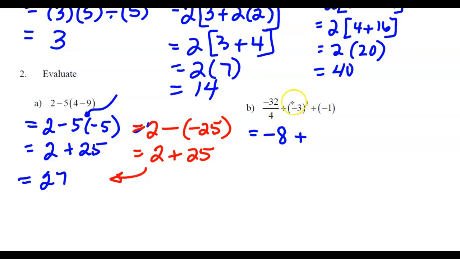The squared is on the whole bracket. So that's positive 9. And then we're adding a negative, which to replace that with one single operation is subtracting. It's moving left on the number line, like we reviewed last week. So now, negative 8 plus 9 is positive 1, minus 1 is 0.